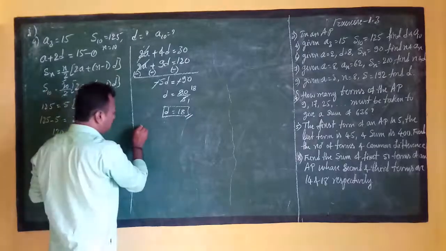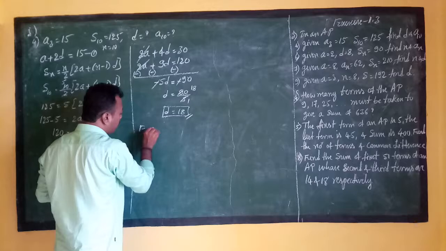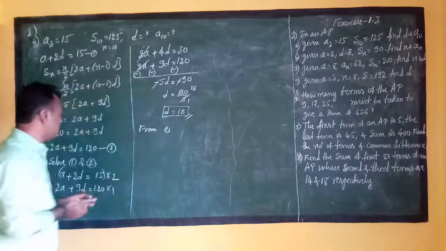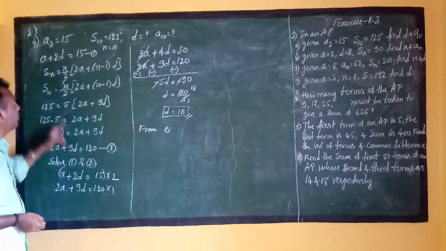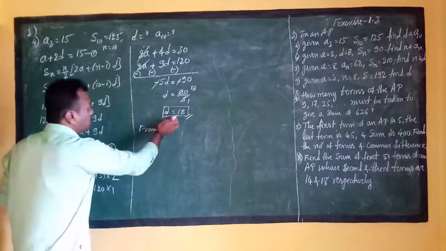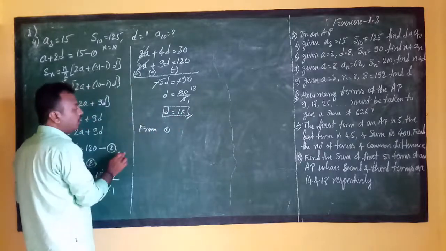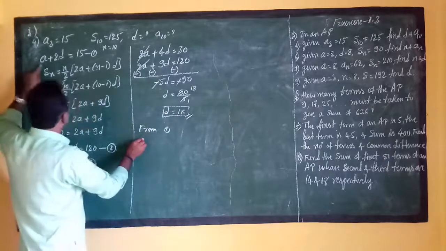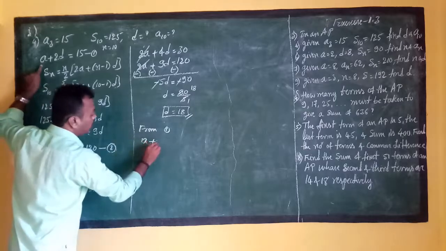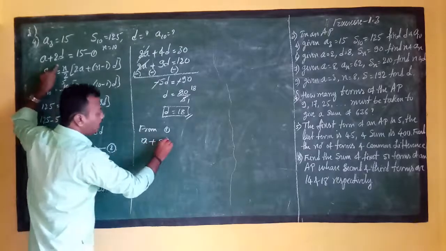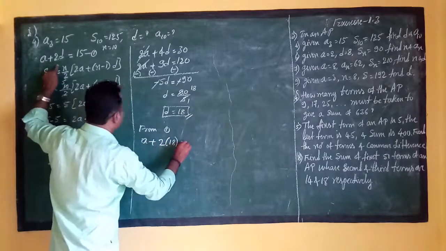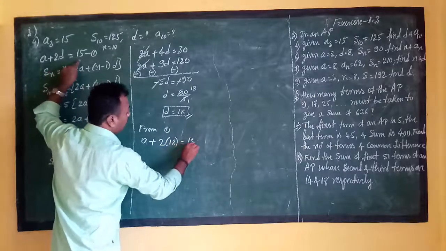Now from equation 1 or 2, we can take any one of the equations. I will take the first equation. The d value you have to substitute in equation number 1. So what is a? We have to calculate a plus 2 into d, d means 18, is equal to 15.